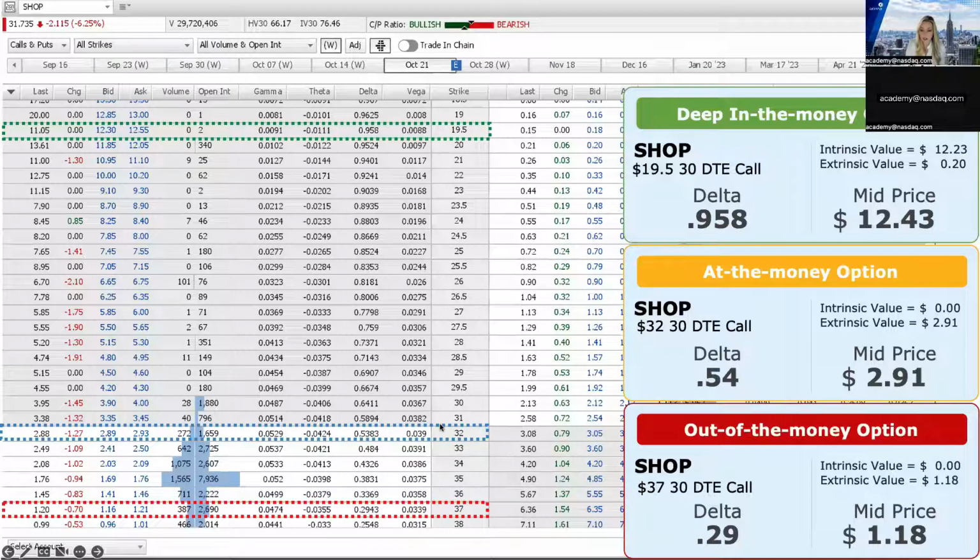So this 32 strike right here, this is an at the money option. This security is at 31.73, so it's as close to at the money as we can find on this option chain. Most at the money options are going to have a delta close to 0.5, which is completely logical.